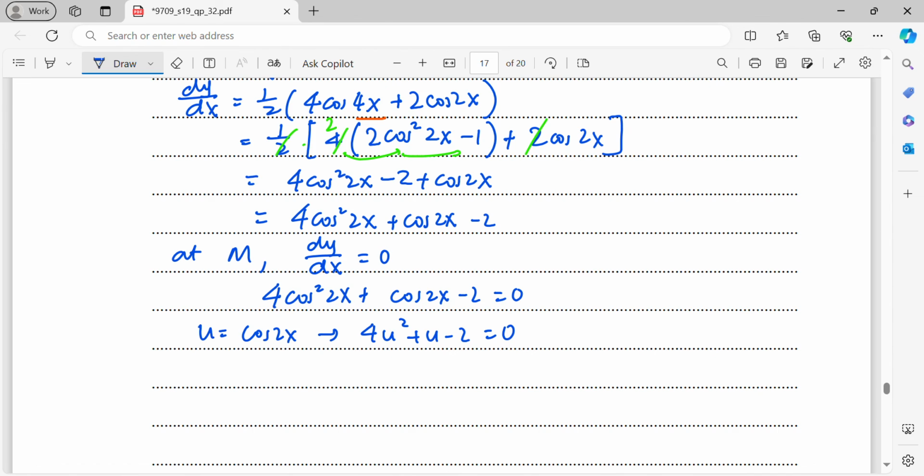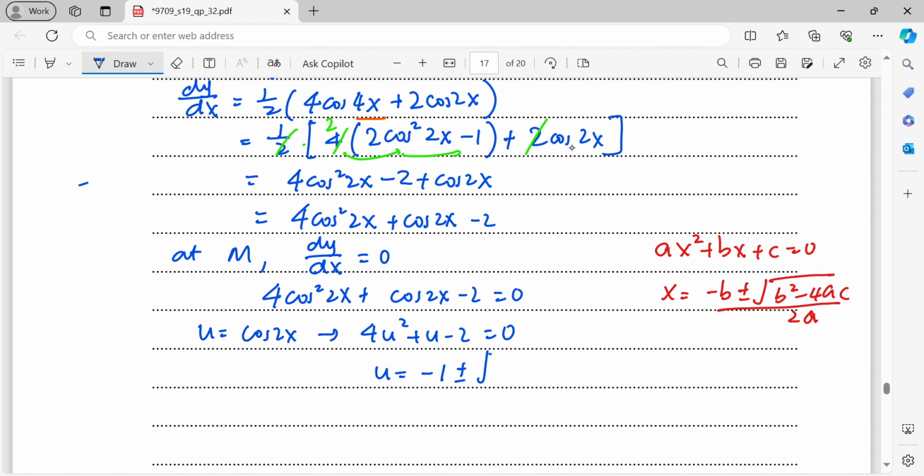And this quadratic equation cannot be factorized, therefore I'm going to use the quadratic formula, which is ax squared plus bx plus c equals 0. That means your x is minus b plus minus square root of b squared minus 4ac over 2a. Okay, that means now here you will be getting your u is minus 1 plus minus square root of b squared minus 4a, where a is 4, c is minus 2, over 2a.